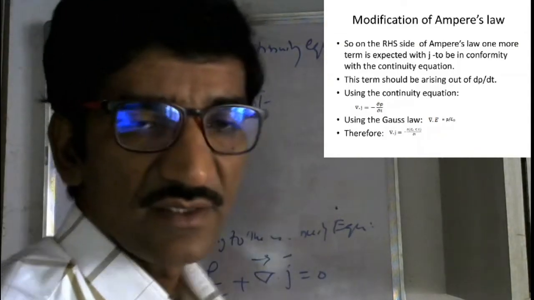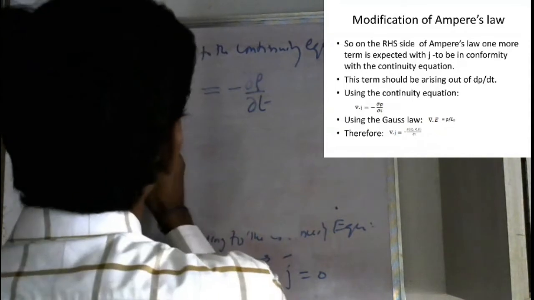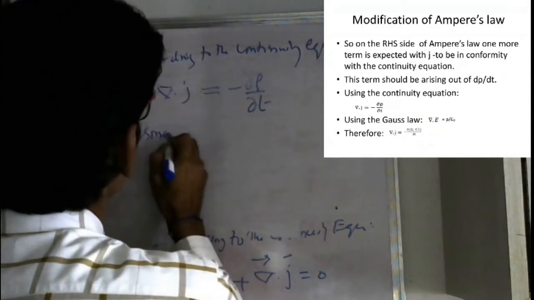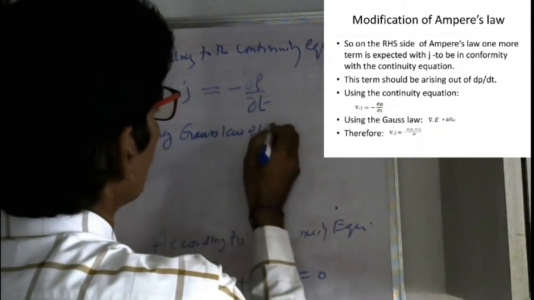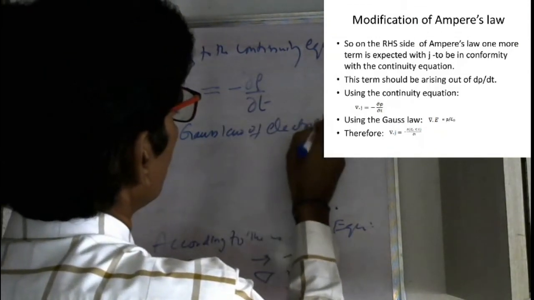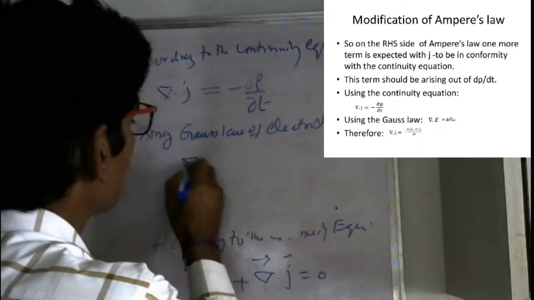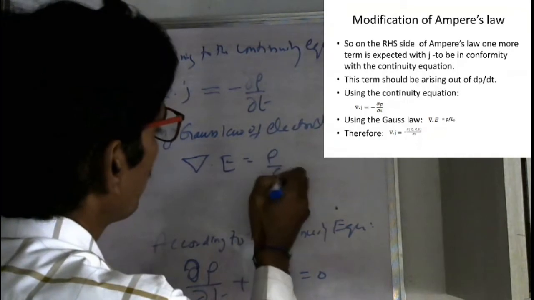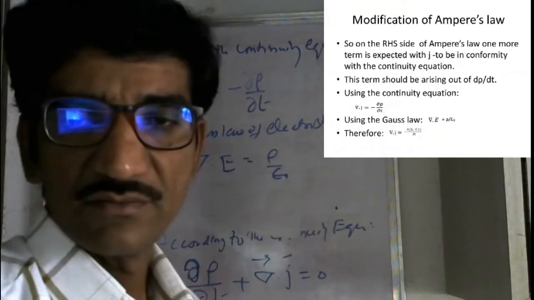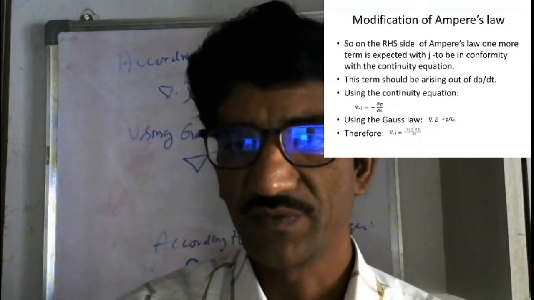But whenever you use the Gauss law of electrostatics in differential form, you have del dot E is equal to rho by epsilon naught.